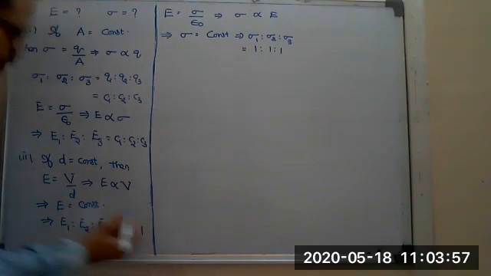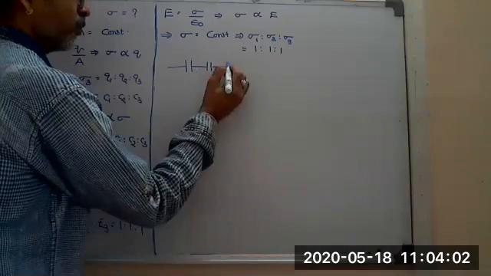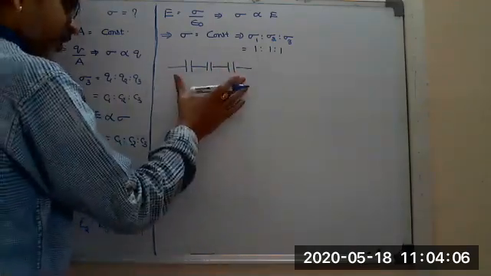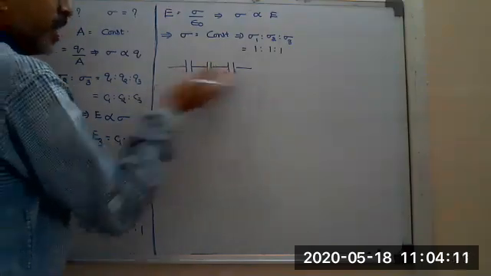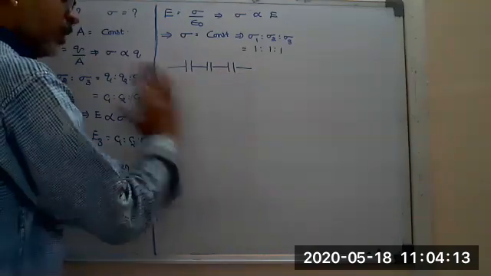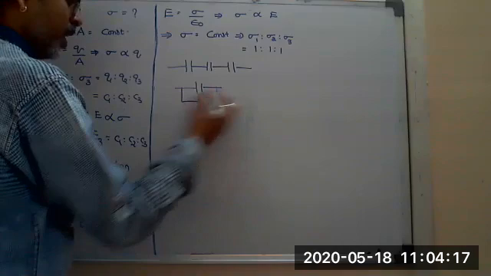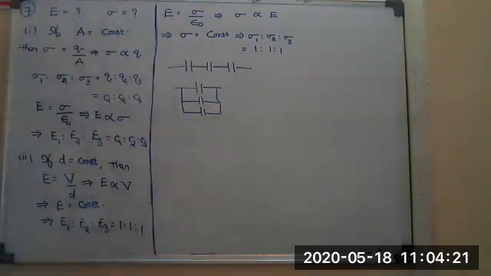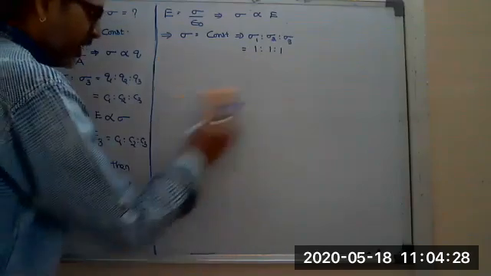If they give the circuit straight away like this, end to end, without any change in the form of the circuit, then anybody can identify they are in series. If they are connected like this, then also the student can easily identify all the three are in parallel. But sometimes they try to confuse. How? I will explain here.